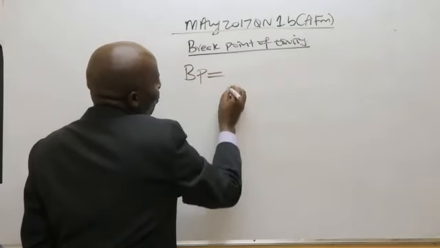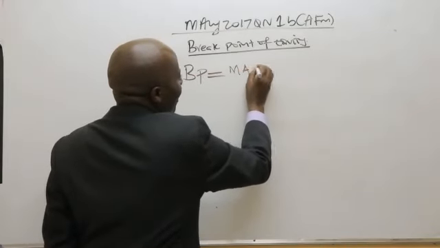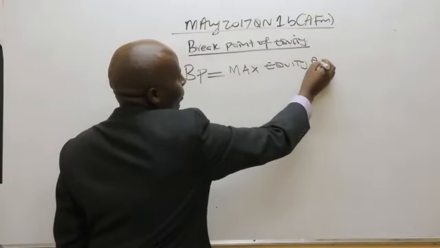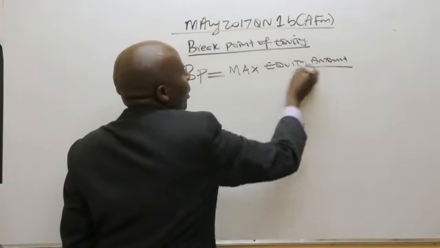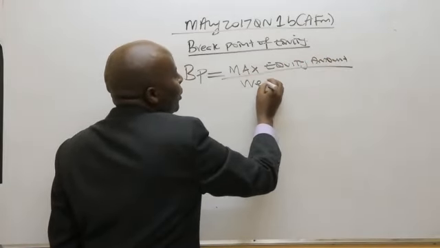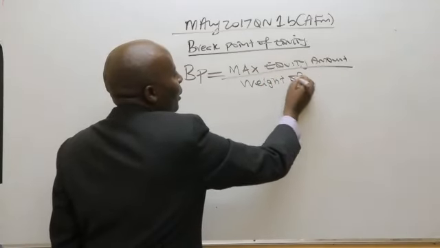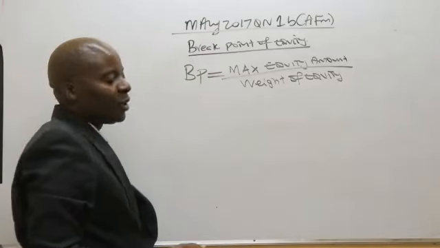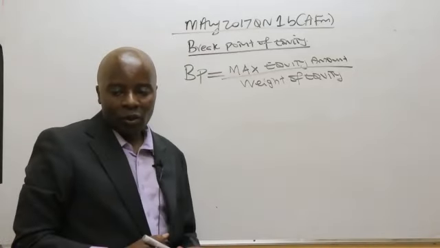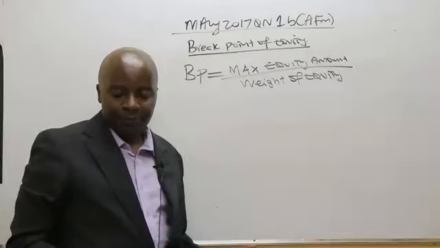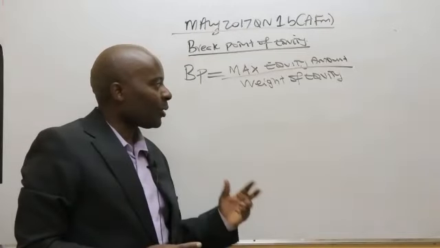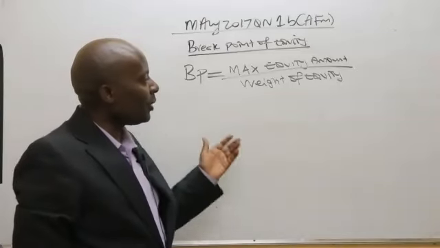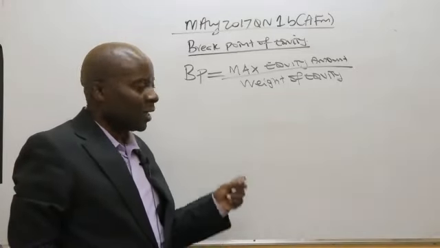The break point of equity will be equal to the maximum equity amount over the weight of equity. Quite simple, it's just a quotient where you take the maximum equity amount divided by the weight of equity.